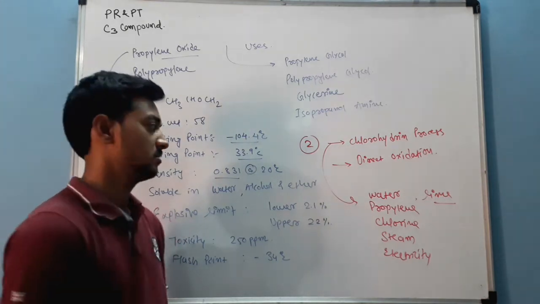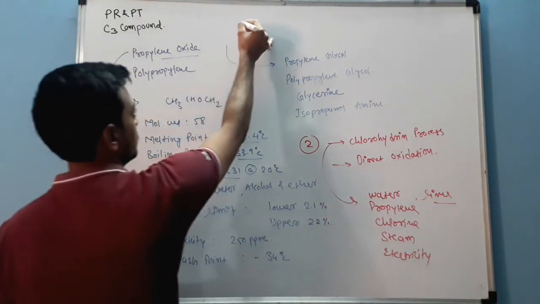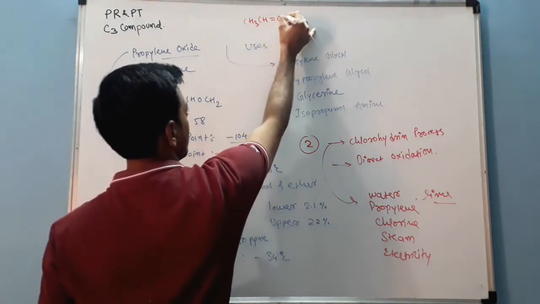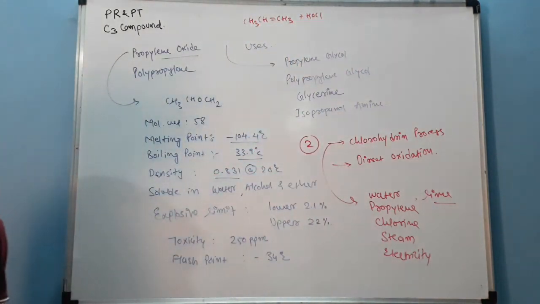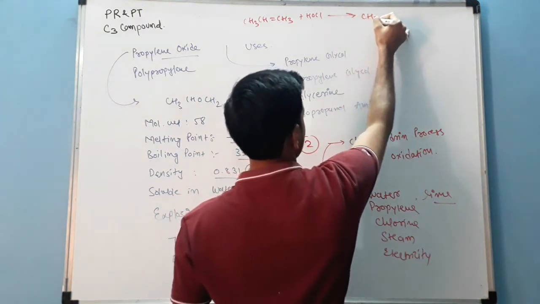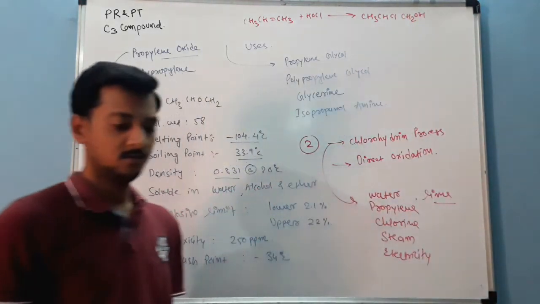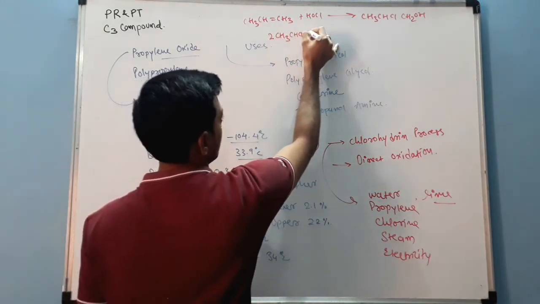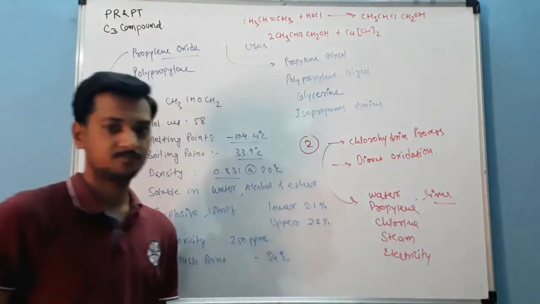And the chemical reaction for this is, I will write it here: CH3CH=CH2 plus HOCl gives chlorohydrin, CH3CHClCH2OH. This chlorohydrin, 2CH3CHClCH2OH, reacts with Ca(OH)2, calcium hydroxide.